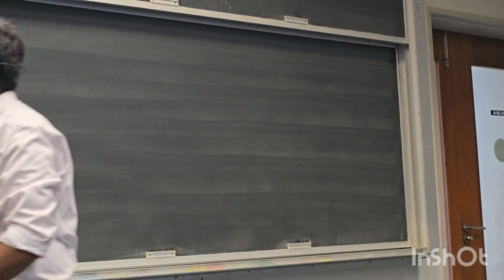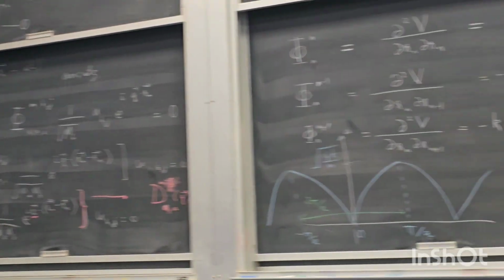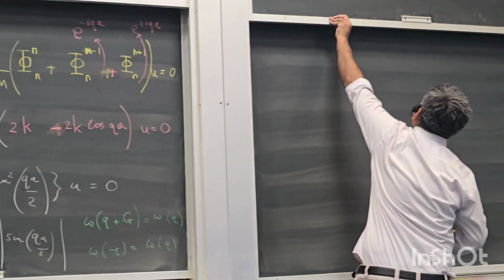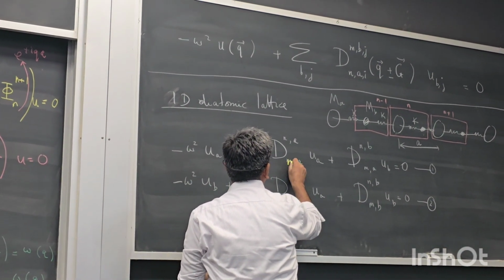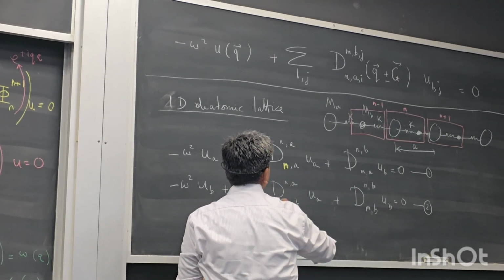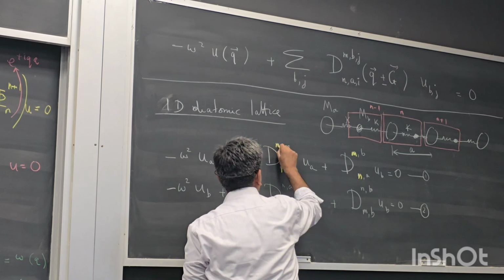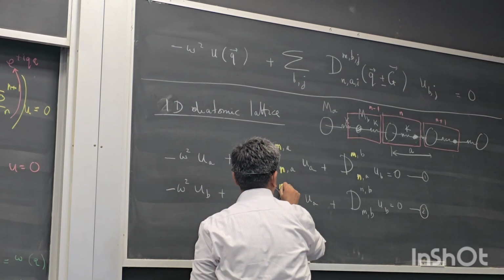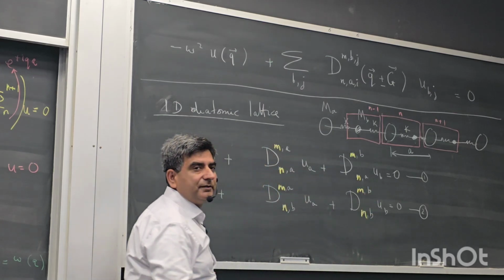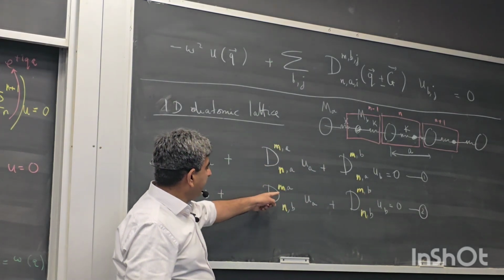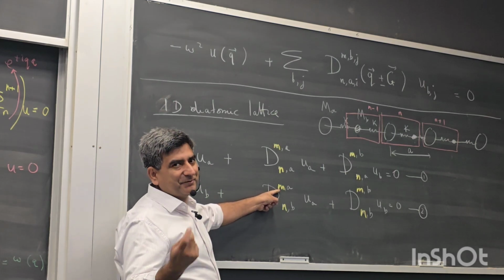One minute, I have written it a little upside down, sorry. This is D_NA, D_N, N, M. Now M could be n or n minus 1 or n plus 1 as before.